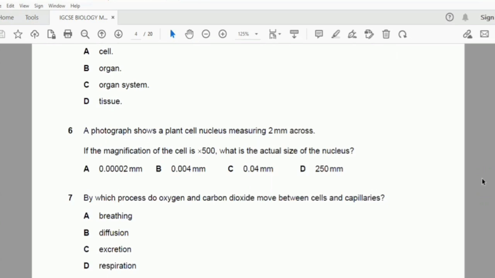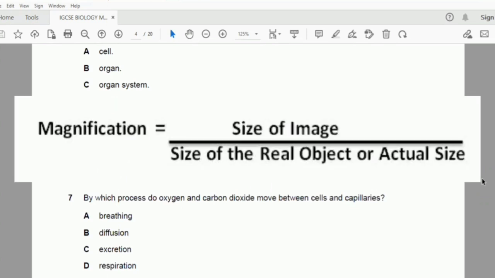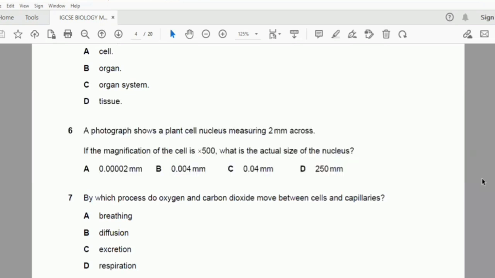Magnification is equal to the image size over the actual size. For the photograph, you have 2 millimeter. That is the image size. Now we are asked to get the actual size.